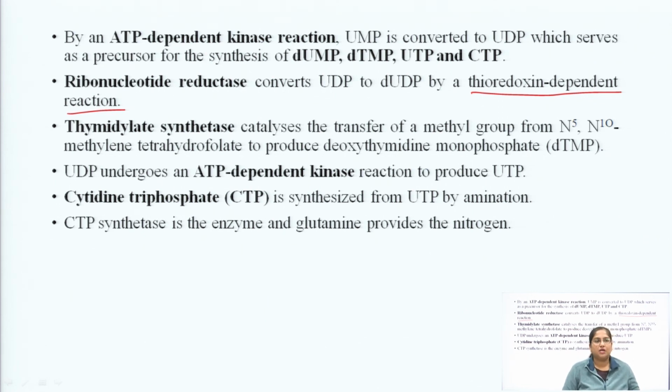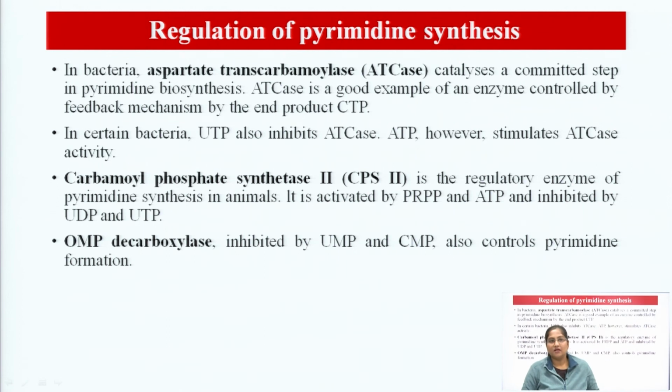And UDP undergoes an ATP dependent step to produce UTP. Cytidine will be synthesized from UTP, that is the last reaction, and CTP synthetase is the enzyme, and glutamine provides the nitrogen. So, this was all about our steps.